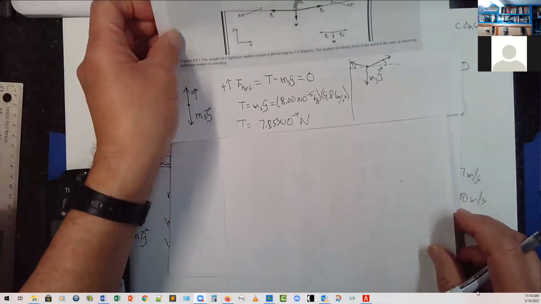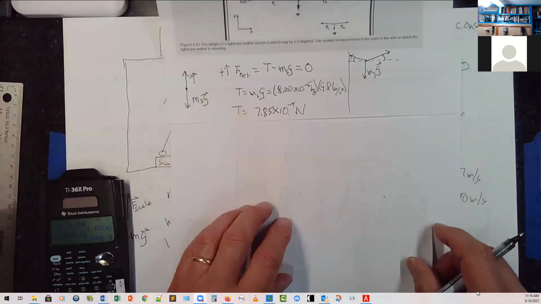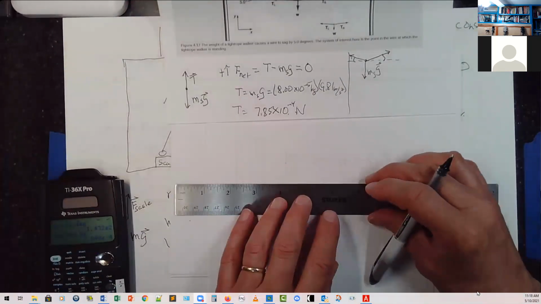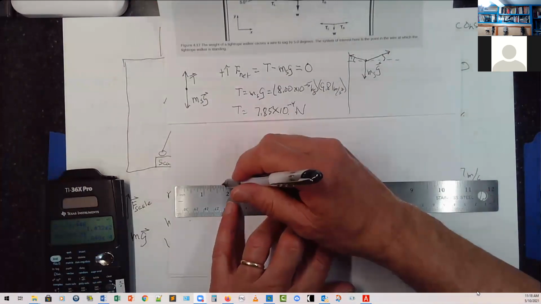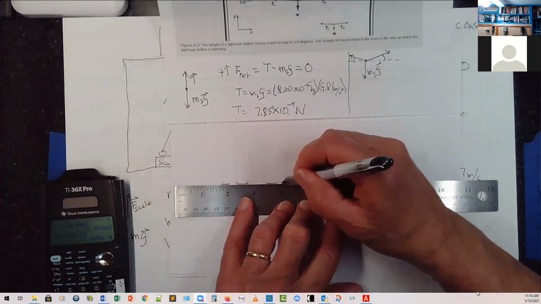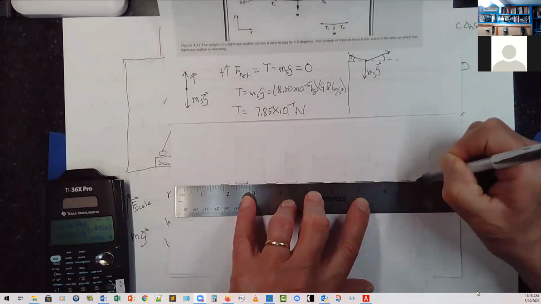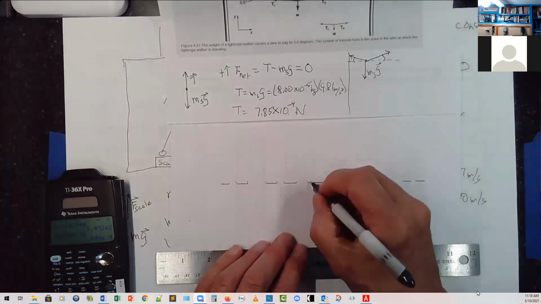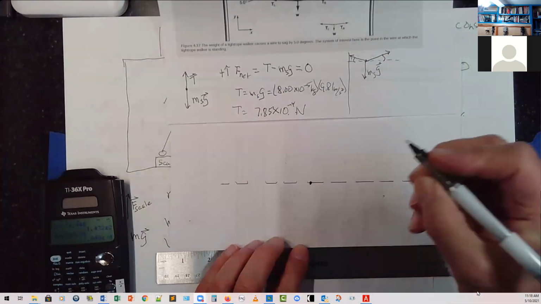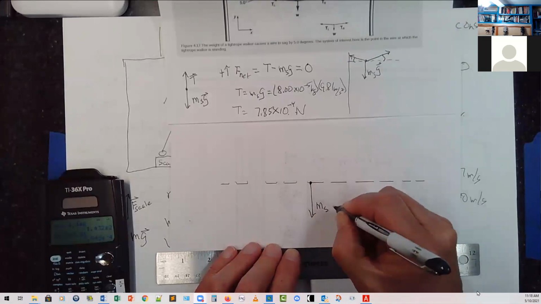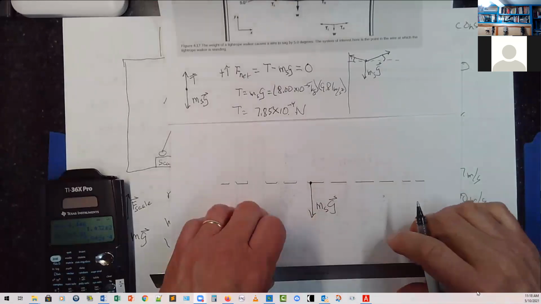And I know you probably can't read the problem anymore, but here's the idea. I'll draw the horizontal here. And right in the middle here, we've got the spider, mass of the spider times g acting downward.